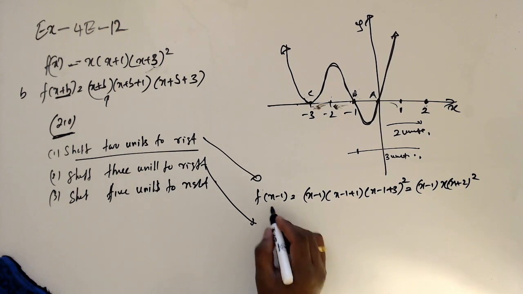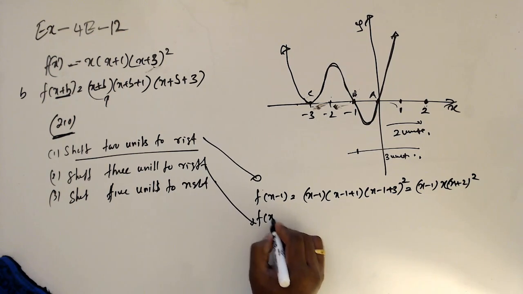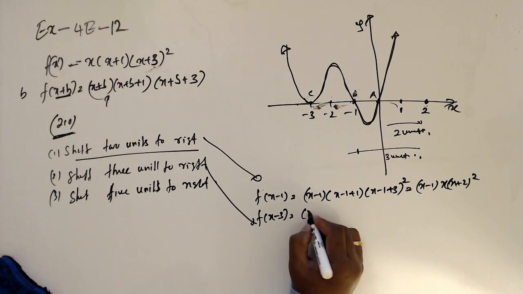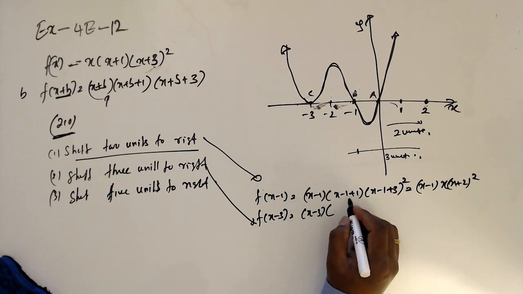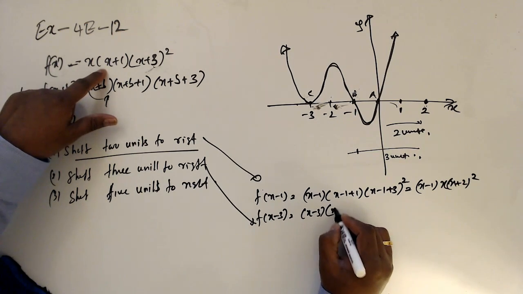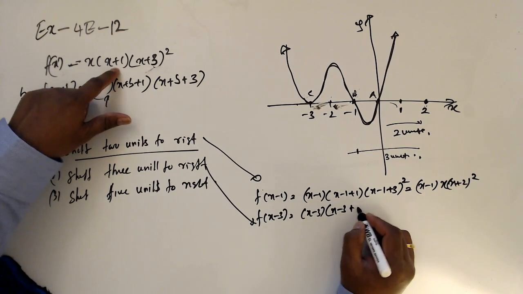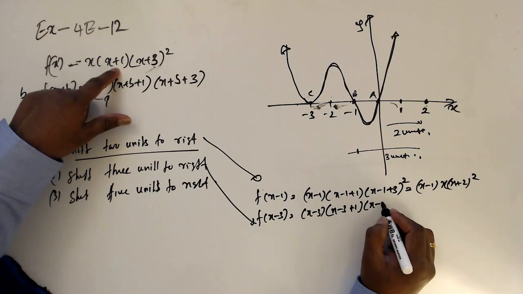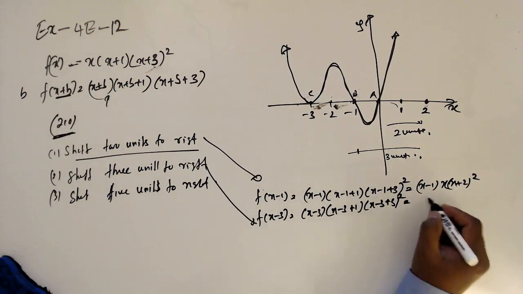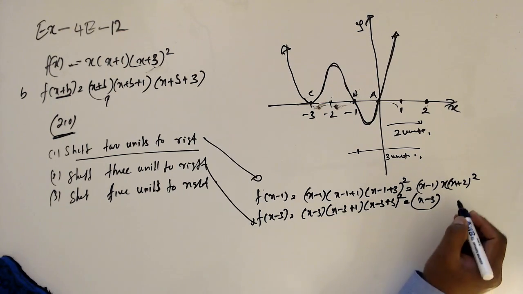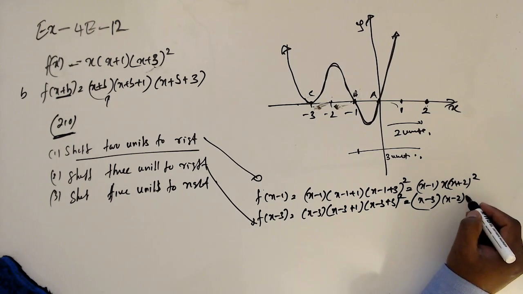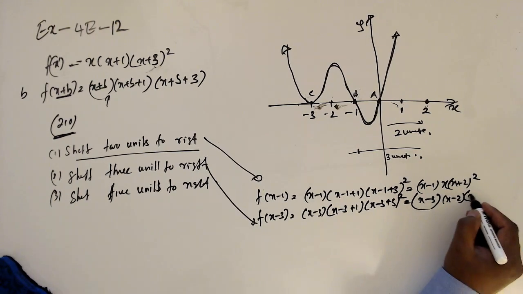If shifted 3 units, this is (x minus 3) times (x minus 3 plus 1) times (x minus 3 plus 3) squared. Simplify: (x minus 3), (x minus 2), and x squared.